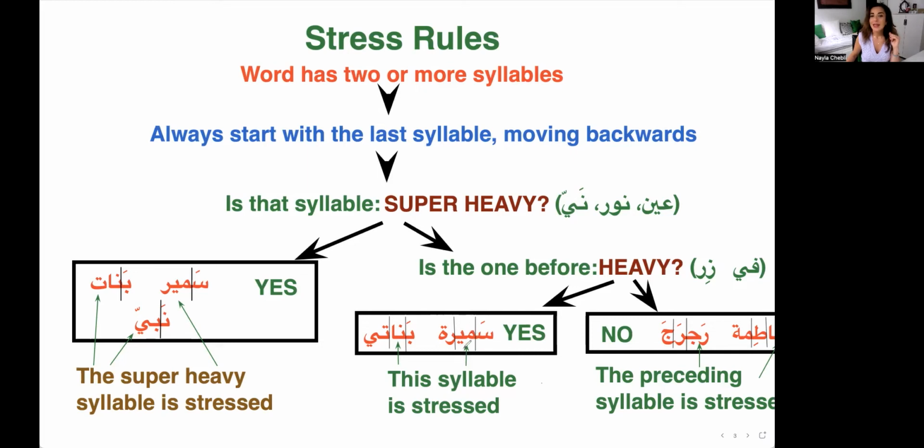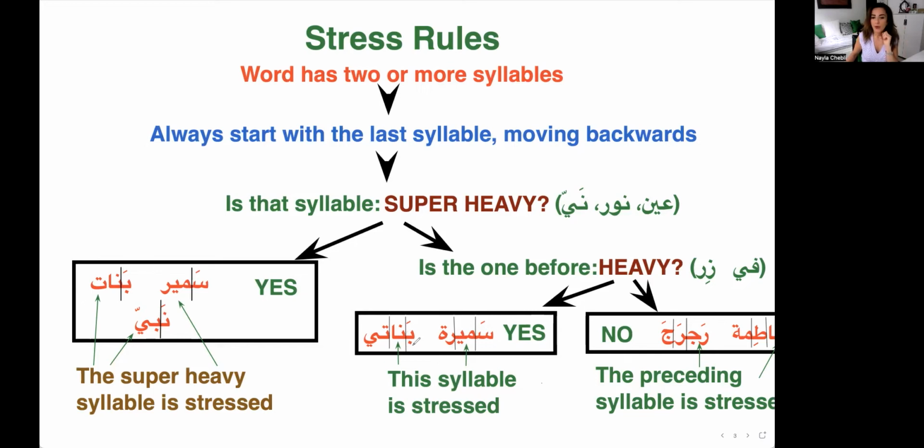Mi. Is that a heavy syllable? Yes, it is, because it's made up of a consonant and a long vowel. So that's where my stress lies. Listen. Samira. Samira. See, I'm stressing the mi.